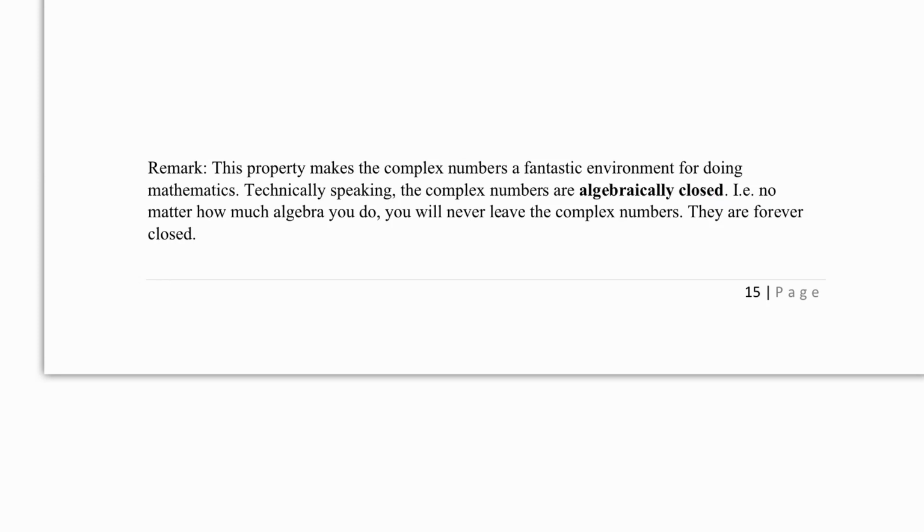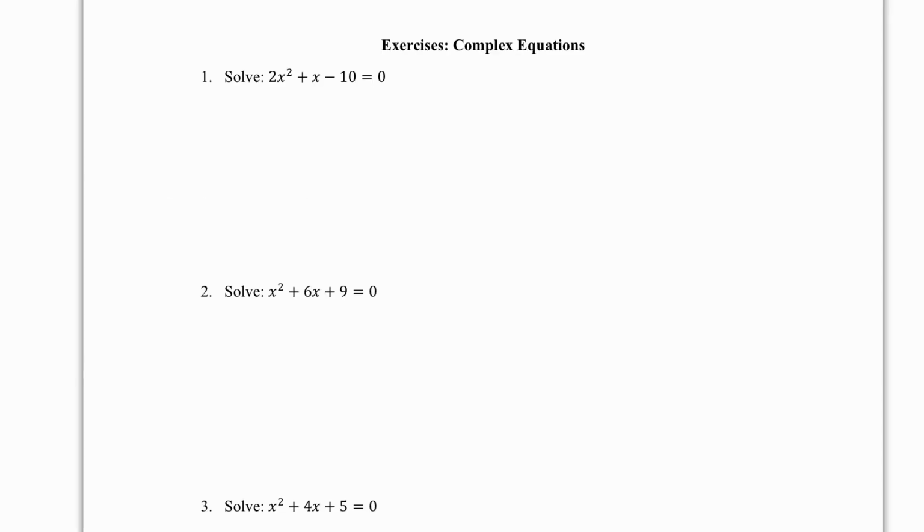So in regular words, no matter how much algebra you do, squaring, square rooting, multiplying, dividing, adding, subtracting with polynomials, no matter how much of that algebra you do, you will never leave the complex numbers. They are forever closed. And it's a very useful and fantastic property about complex numbers, because you know that you're not going to need some kind of new number system when you're solving these equations.